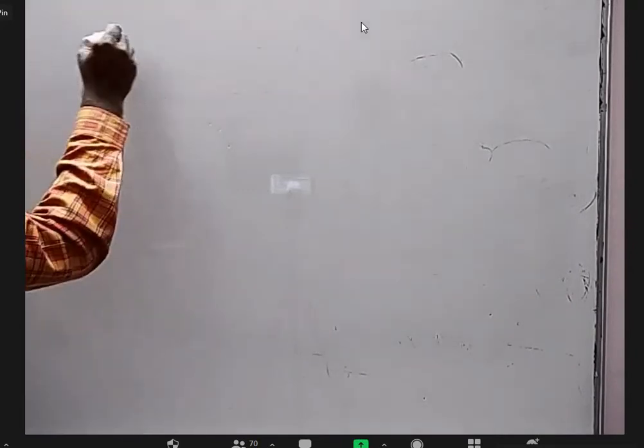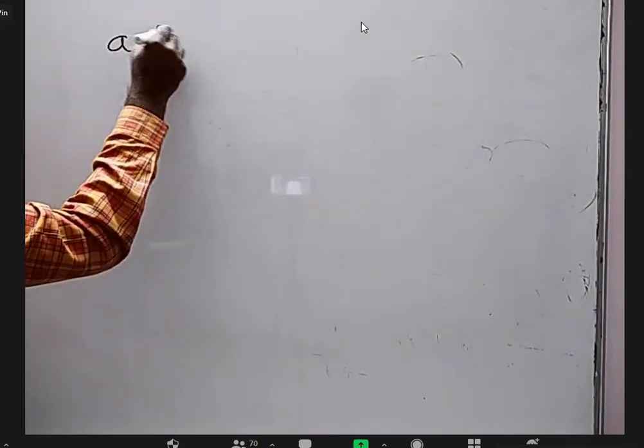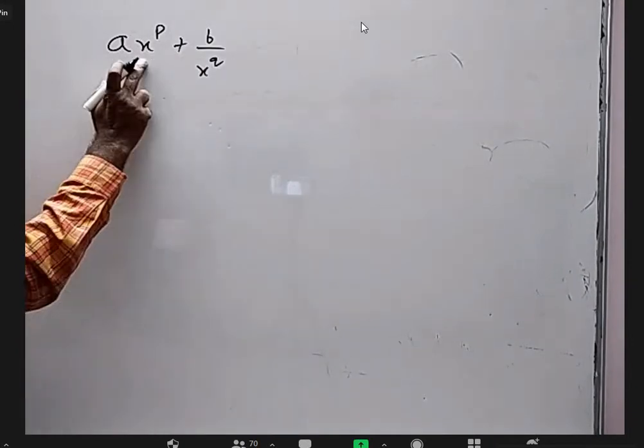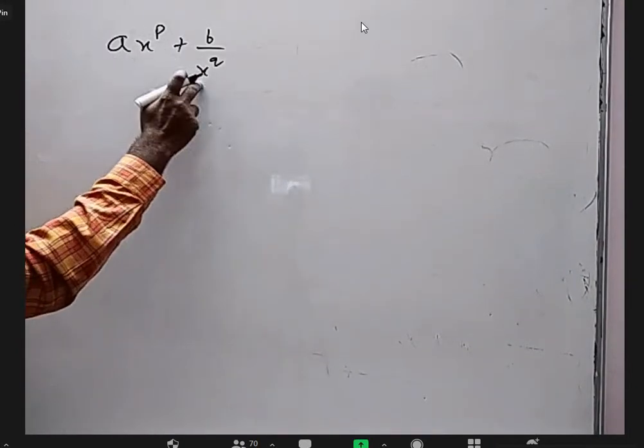Okay, so let me give this as a formula. If I have a question like (a x power p plus b by x power q) whole power n, where the power of x is p in the numerator and the power of x is q in the denominator.